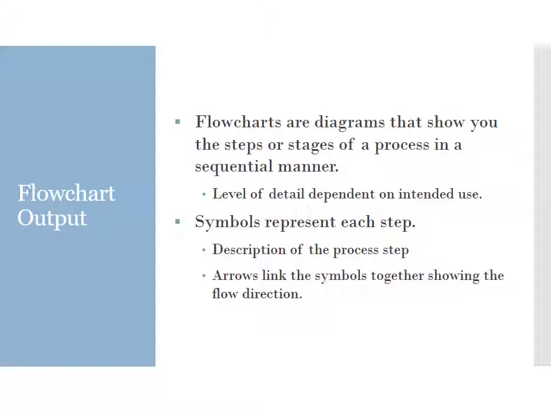Then the level of detail may need to be a little more so that you can properly train them of the respective roles and responsibilities. Symbols represent each step. As we saw in the previous slides, there's a little bit of description that represents each step of the process, and those steps were linked together by symbols or arrows showing the flow and direction of the process.